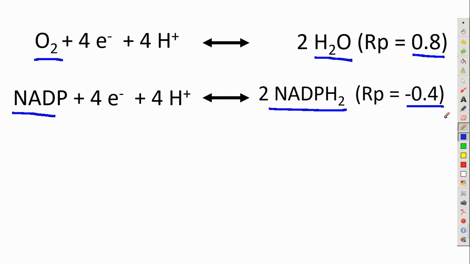So what does this mean? This means that this first couple has a bigger affinity for electrons. That means that this couple is more capable of taking electrons than the second couple. So the NADP couple has a lesser affinity for electrons. They are less capable of taking electrons.